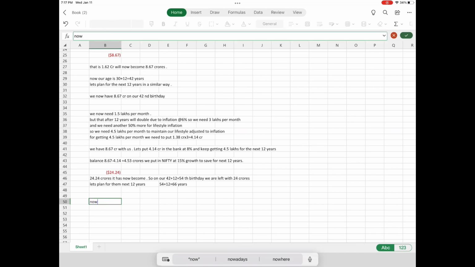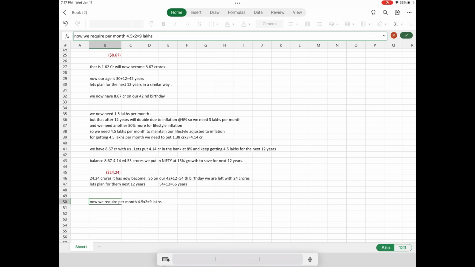Now how much money do you require? Earlier, remember, we were spending 4.5 lakhs in the previous 12 years. So let's use the same calculation, 4.5 multiplied by 2 after inflation. So that is 9 lakhs, plus we require 50% of that as lifestyle inflation.